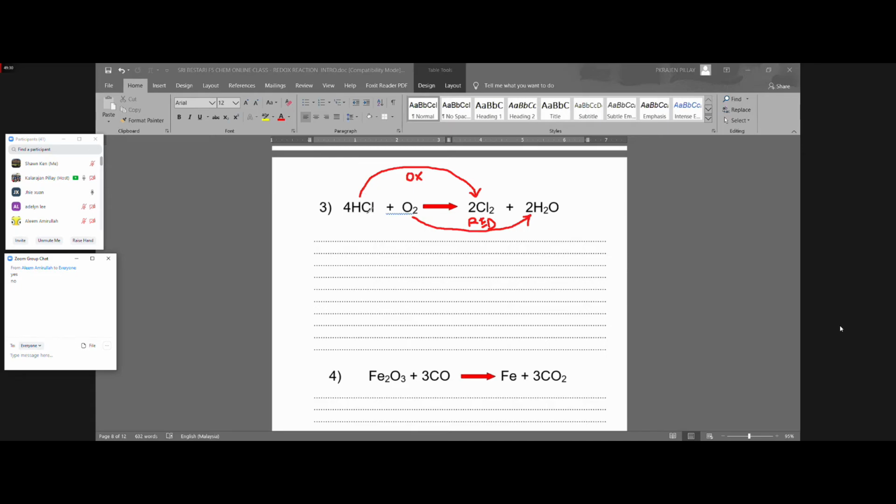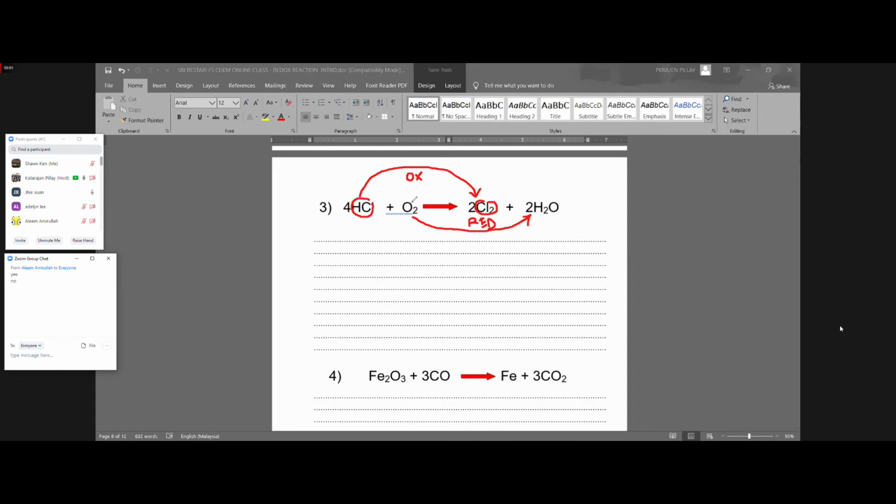You see HCl here, now it's Cl2. So obviously it has lost what? Hydrogen. So you say hydrogen chloride is oxidized to chlorine because it loses hydrogen. Then we go for this one. What is this called?